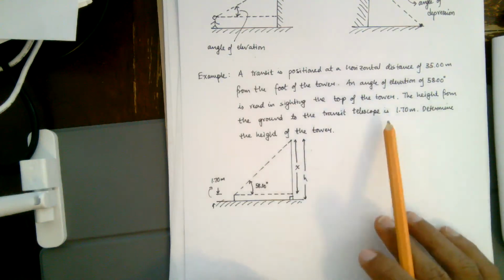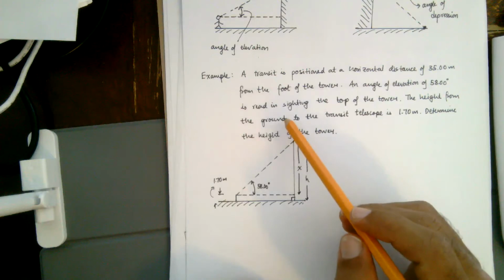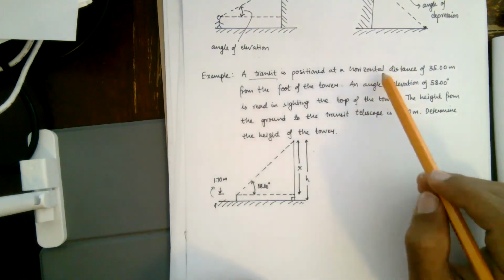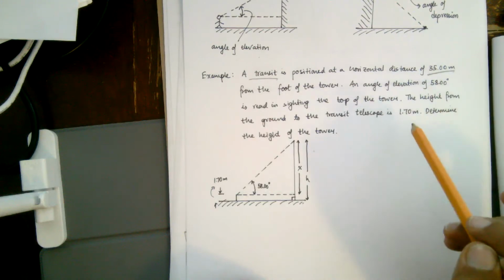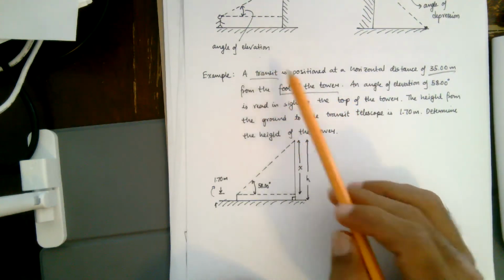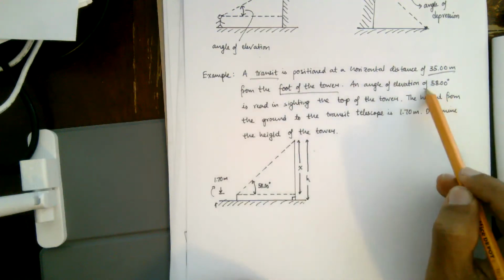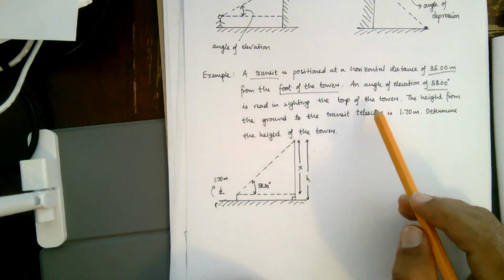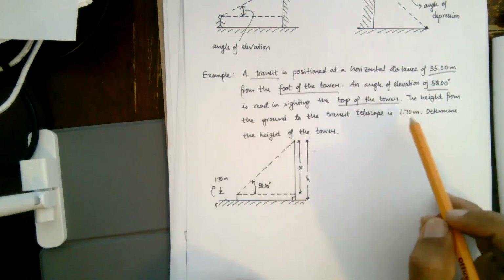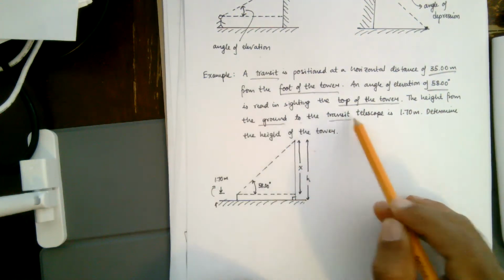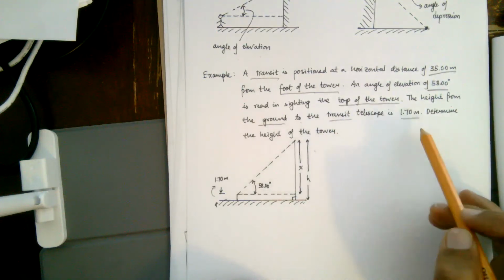Okay, let's go back and identify the elements. A transit is positioned at a horizontal distance of 35 meters from the foot of the tower. So there's a transit and a tower. An angle of elevation of 58 degrees is read sighting the top of the tower. The height from the ground to the transit is 1.7 meters.